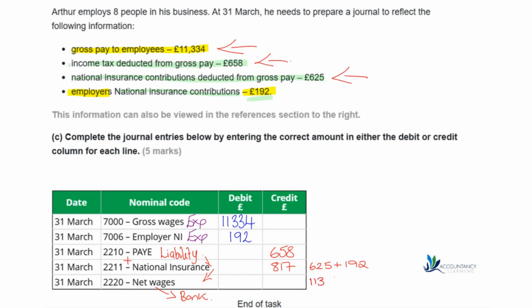So 11,334 less the PAYE and less the national insurance. And again, this is a liability because the business now needs to actually pay from their bank account the net wages to the employees, and until they've actually paid it, that remains as a liability. That completes task 5.